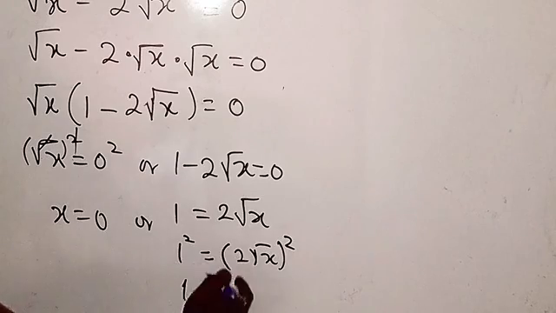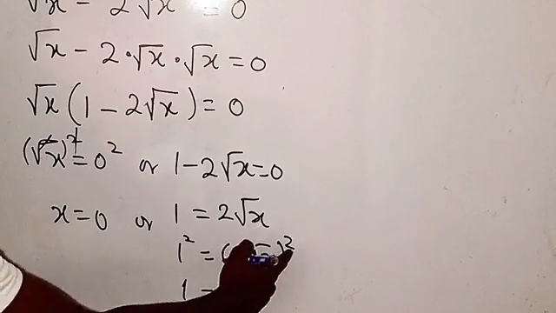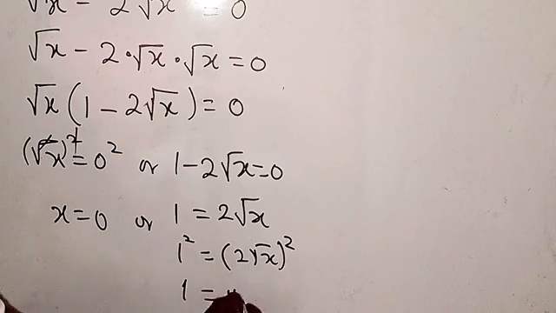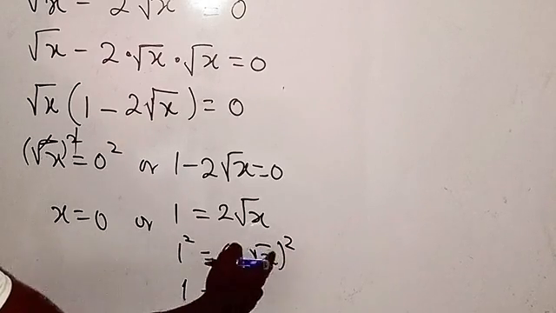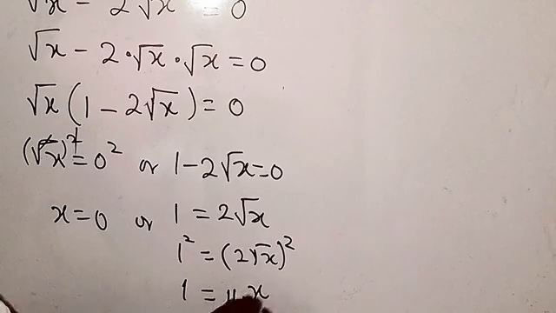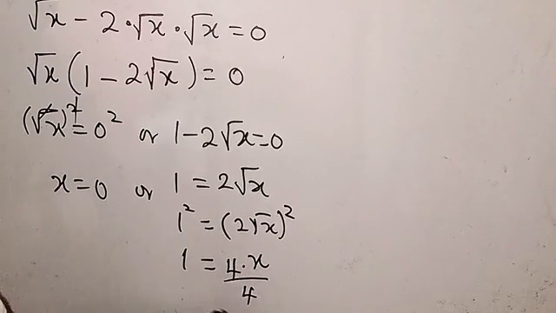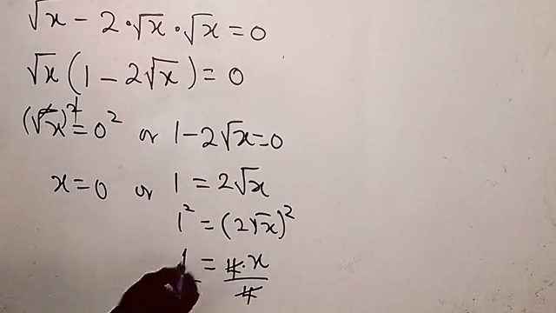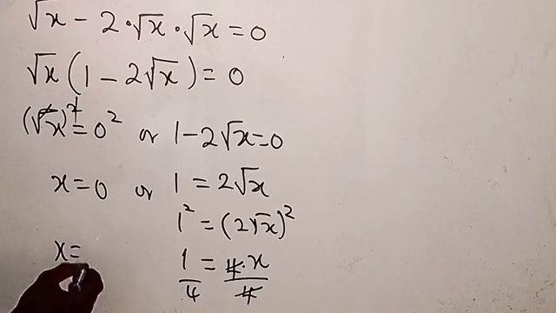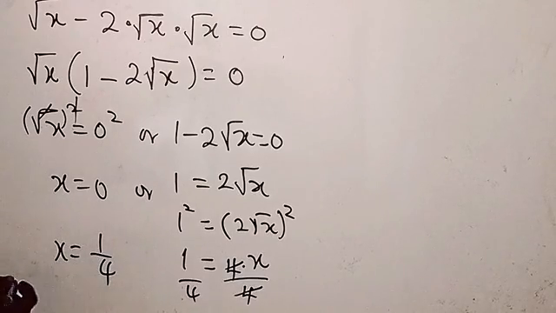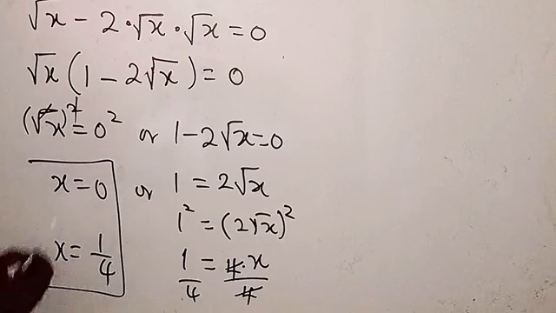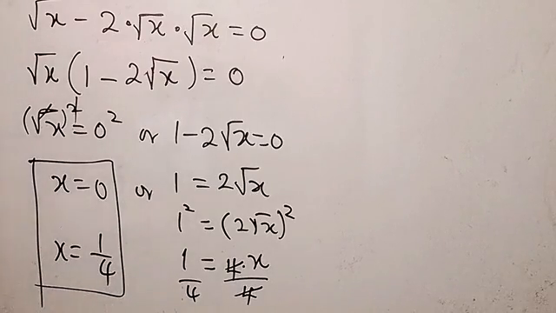This square will affect this 2, we have 4, and it will affect this root x, we cancel this root, we're going to have x. So you divide both sides by 4. Okay? So therefore from here, we have x equals 1 over 4. So we have these two possible solutions, that is x equals 0, then x equals 1 over 4.